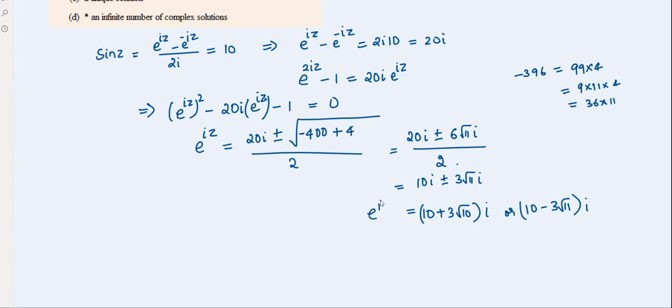By default, you don't have to solve for the whole thing. This will be a complex number, e power x into e power iy.